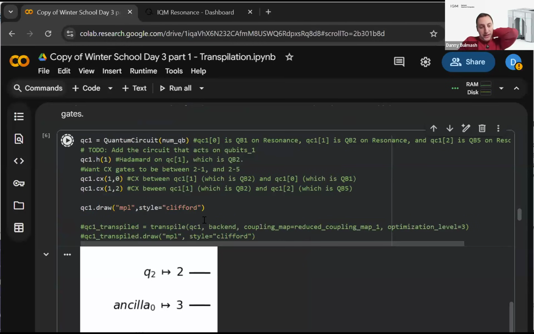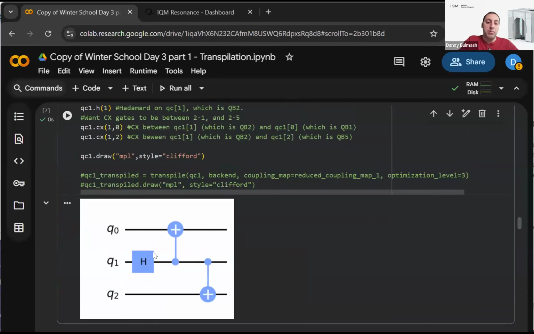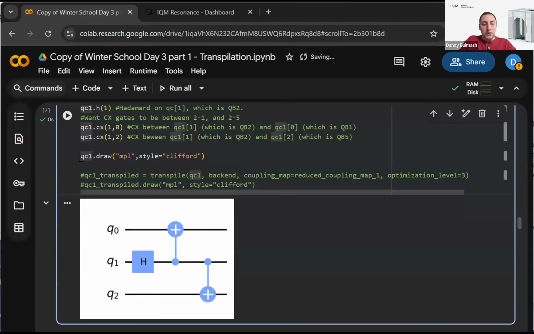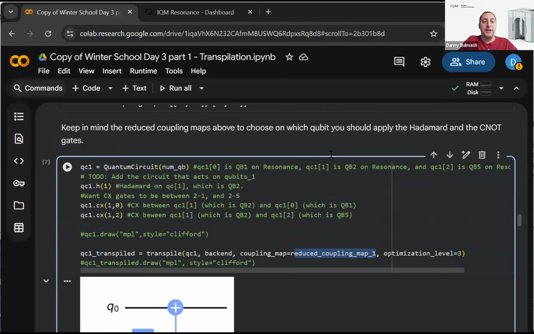Without doing any transpilation, we have this circuit. It applies a Hadamard gate to the software's qubit 1, and then CX gates over here. But now, this transpile command is telling us that we are going to put this circuit onto the qubits that are specified by what we called reduced coupling map 1.